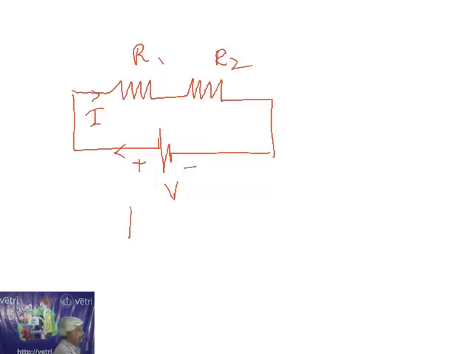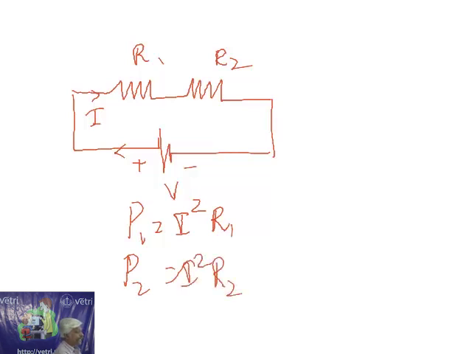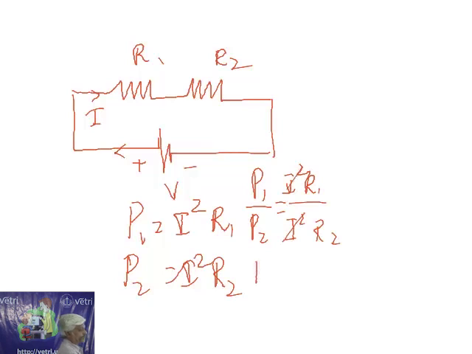Therefore, the power P1 is simply I squared into R1. What is power P2? That is I squared R2. Why did I take this formula? Because the current must be the same. Then the ratio of the power P1 by P2 is equal to I squared R1 by I squared R2. This I squared gets cancelled.